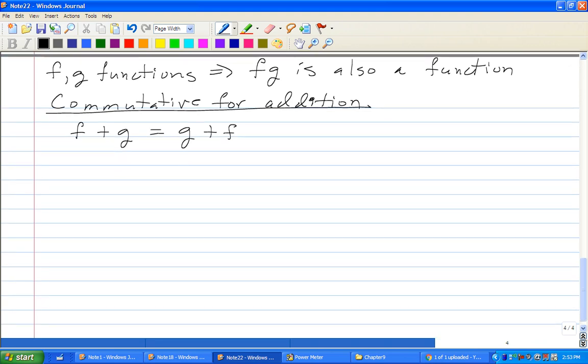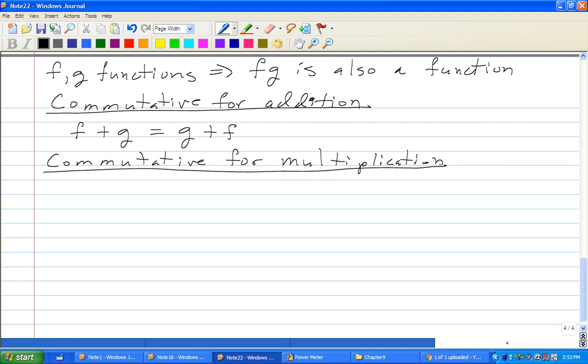We have the commutative property for multiplication. Which says that if f and g are functions, then f times g is equal to g times f.